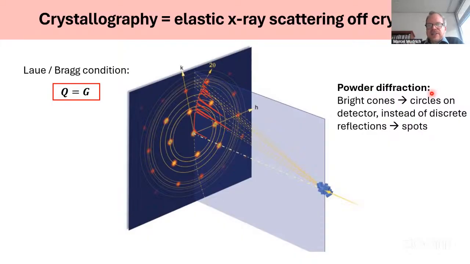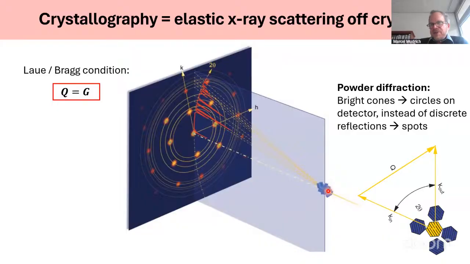In this case, the sample is not a single crystal, but a sample consisting of many micro crystals in powder form, such that the individual small crystals come in the sample with any possible orientation.